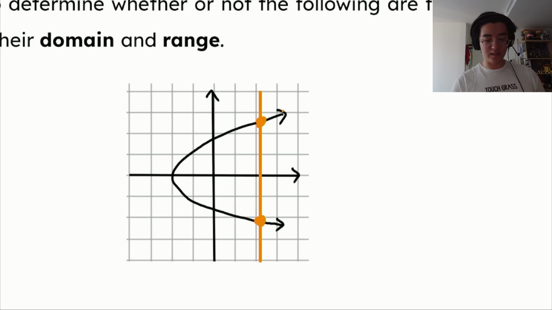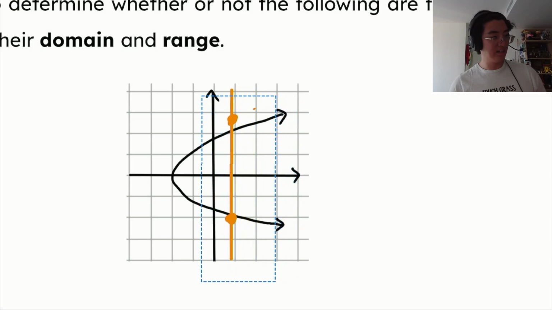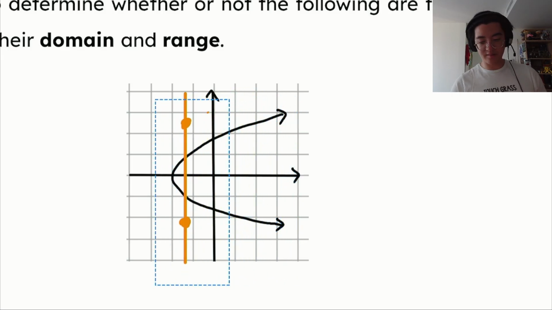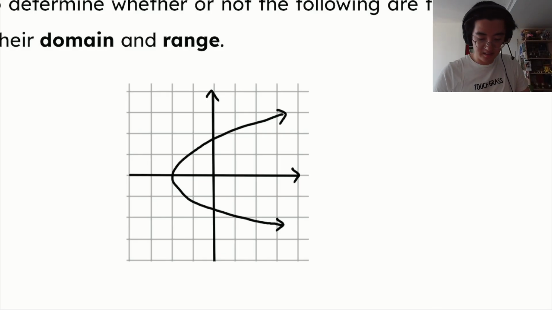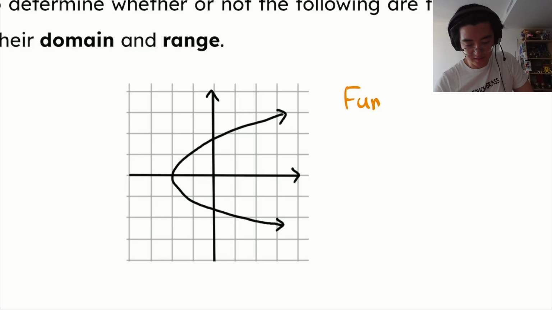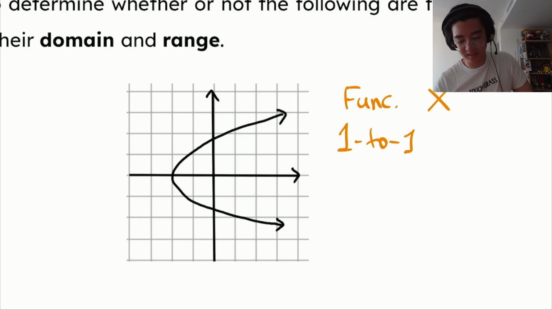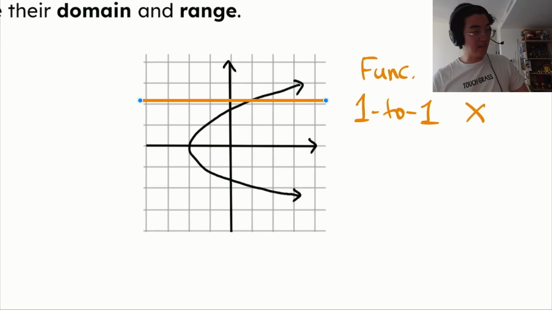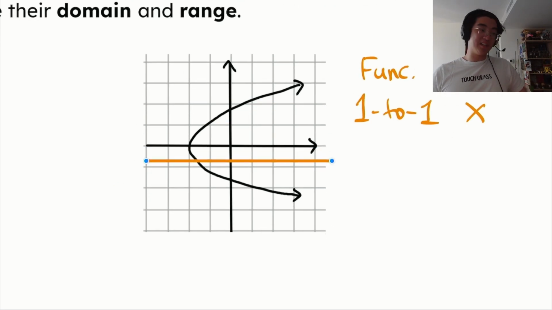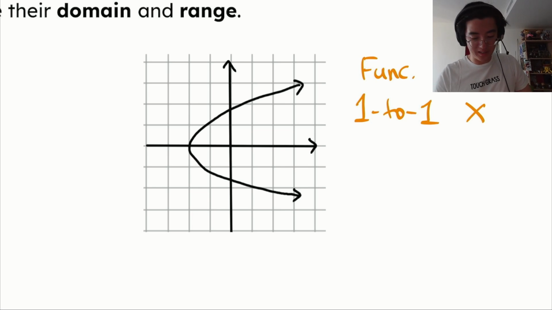And no matter where you go on this graph, we always hit 2 points, which means that this is not a function. If it's not a function, it's also not a one-to-one function. Even though it passes the horizontal line test, because it's not a function to begin with, it cannot be a one-to-one function.